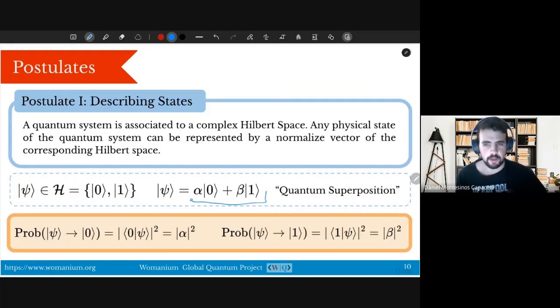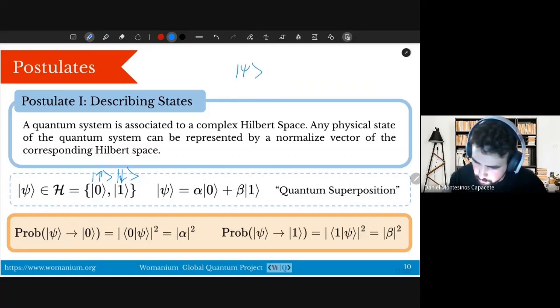Because we have done that a lot of times. So if this were the up state and the down state, you have here a linear combination, for example, this one, the same as before, of 0 and 1.